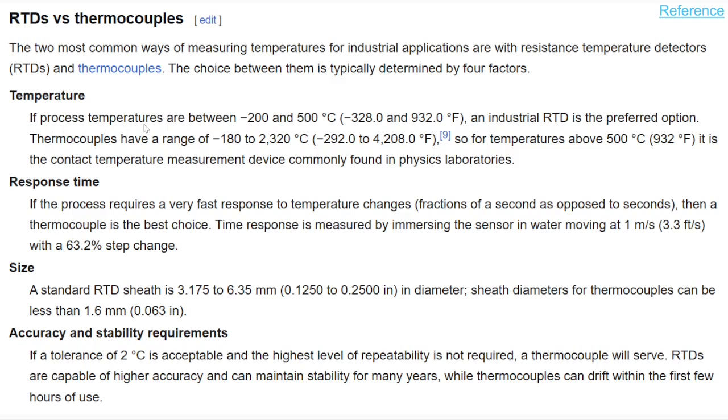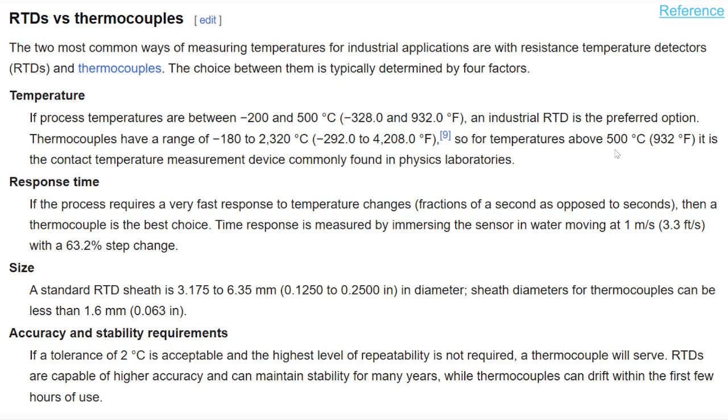So if the temperature to be measured is between minus 200 to 500 degrees Celsius, an industrial RTD is the preferred option, and thermocouples are preferred because they cover a very wide range, minus 180 to 2320 degrees Celsius.